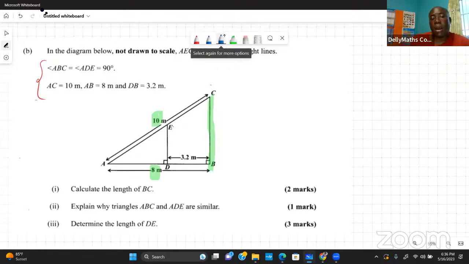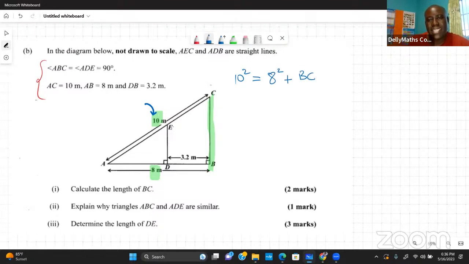Now, the longest side is 10, which means I could start off by saying 10 squared is equal to 8 squared plus BC squared. So the longest side squared is equal to the sum of the other two short sides squared. Let's put our numbers together.